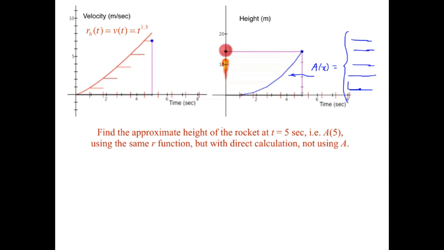What would the structure of each piece be then? It's for each v of 1 or v of 2, v of 3. Right. The rate at the beginning.